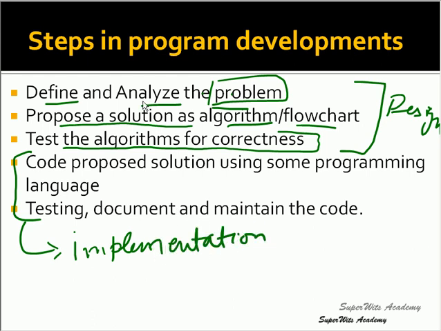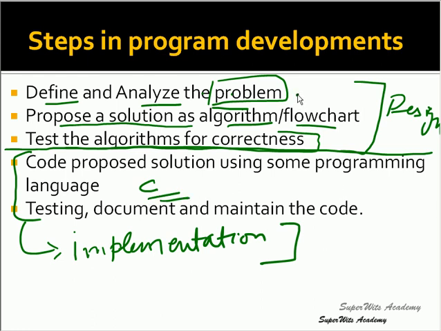So the 5 steps are basically divided into two things: designing of your particular problem solution, and then implementing that solution in any programming language. And in this particular course we are implementing using the C programming language, right?